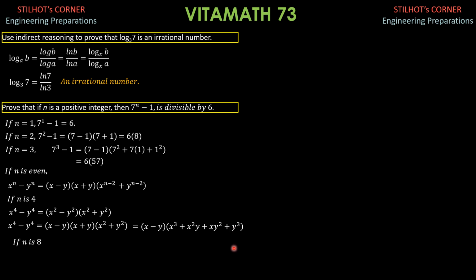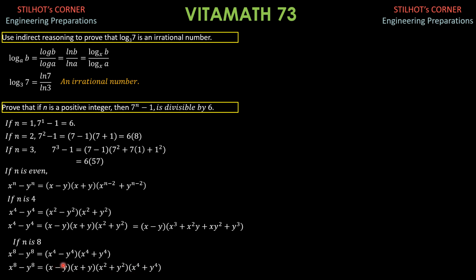So if n is 8, then we have x to the 8 minus y to the 8 equals x to the fourth minus y to the fourth times the quantity x to the fourth plus y to the fourth. X to the fourth minus y to the fourth can be factored further into x minus y, x plus y, then times x to the fourth plus y to the fourth.